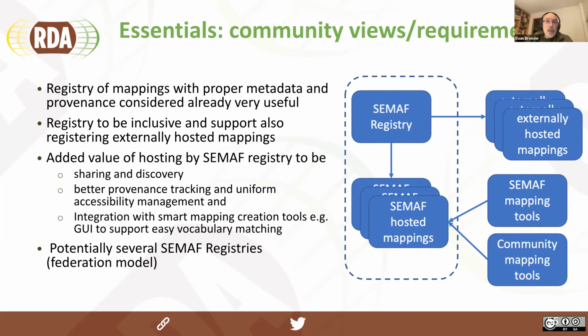The added value of the SEMAP registry would then be, let's say, improved sharing and discovery, better provenance tracking, uniform accessibility management, and perhaps integration with some smart mapping creation tools. For instance, that visual tool to support the easy vocabulary matching. And it was also suggested to us that maybe we should not work towards one single SEMAP registry, but rather a federation model where several SEMAP registries, maybe maintained by individual communities, would work together in a federative model.